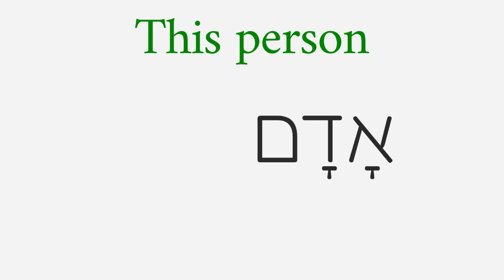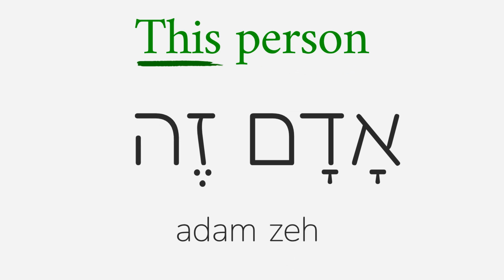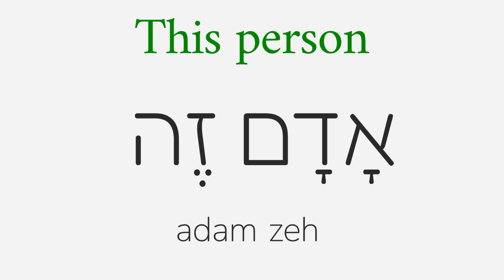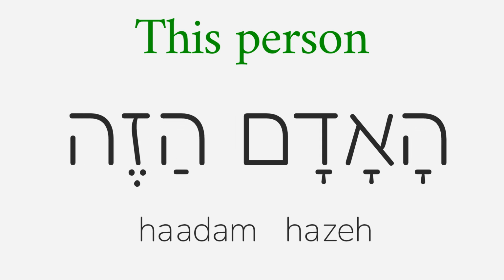To say this person, we have the word adam, person, which is a masculine singular noun, and we'll have the word ze, this in masculine form, to agree with that masculine noun. We put the noun first, adam, and then the adjective ze, this. Then we add a ha, meaning the, onto both words. Ha-adam hazeh means this person.